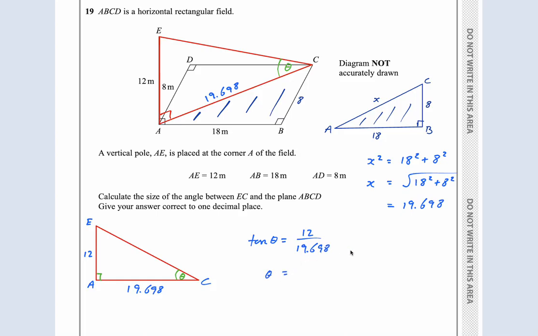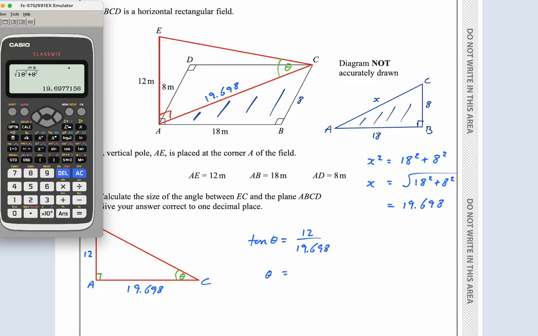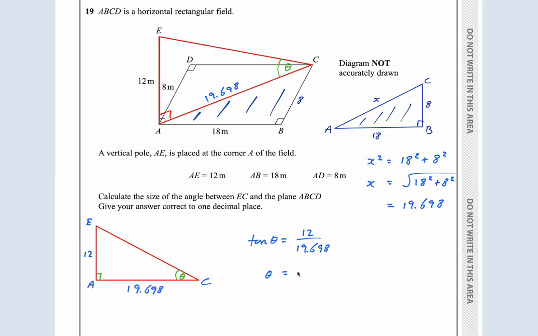Theta is then the inverse tan of this, inverse tan of 12 over 19.698, close brackets, 31.3497.